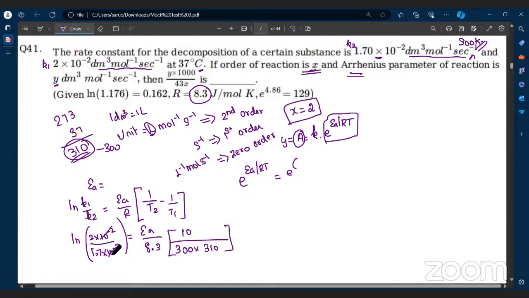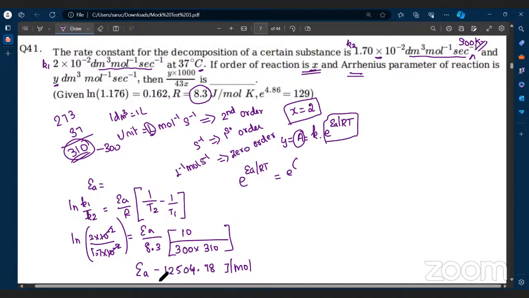Then ln 2 by 1.7 is equal to Ea by 8.3 into 10 by 300 into 310. If we evaluate this, you'll get Ea as 12504.78 joule per mole.